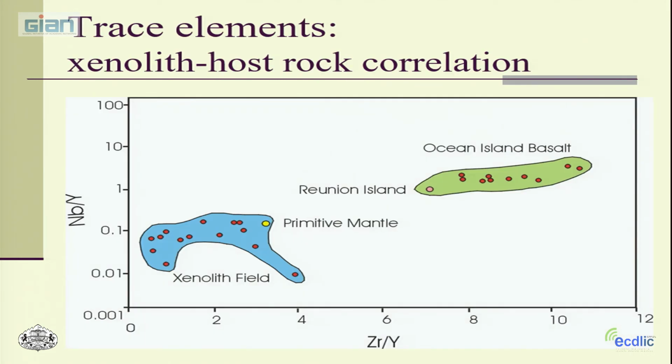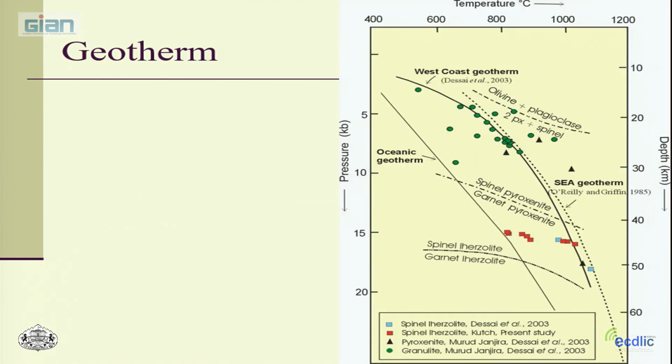Most of them are spinel lherzolites, and they are all getting plotted in this particular region. You can see this is the field for the spinel lherzolite, and you can work out that they are coming from around 45 to as deep as 50 kilometers. That is the maximum depth from where the xenoliths are recovered.